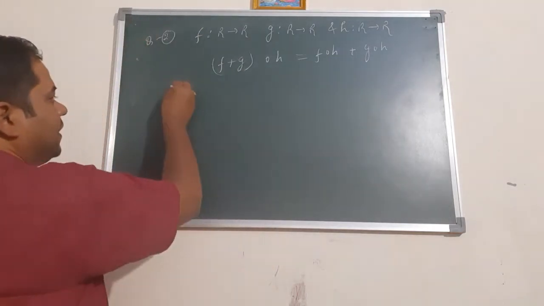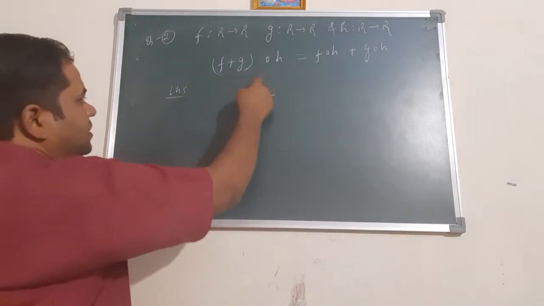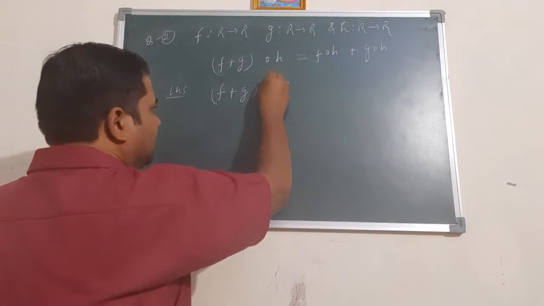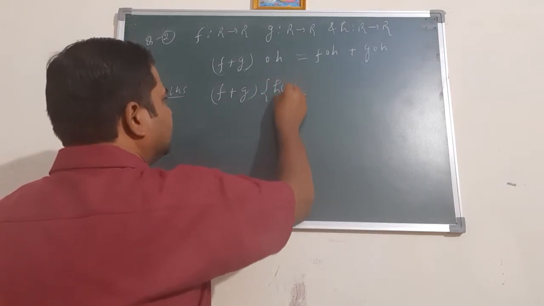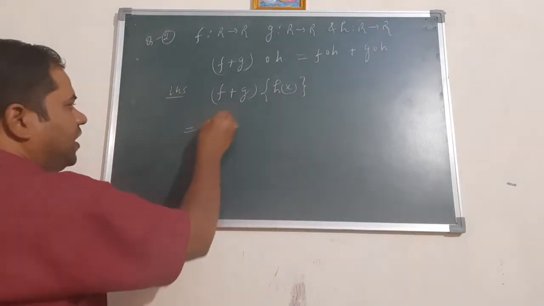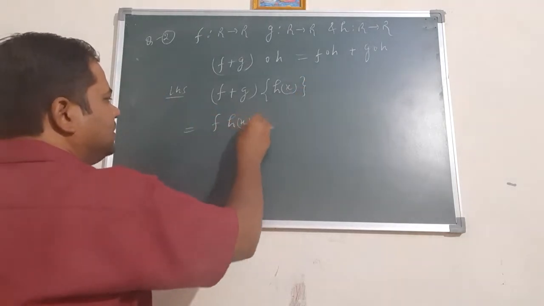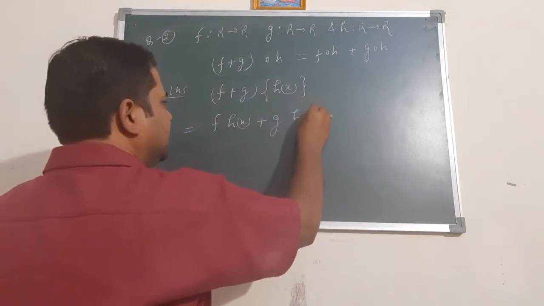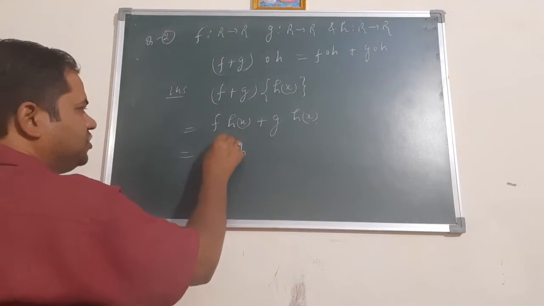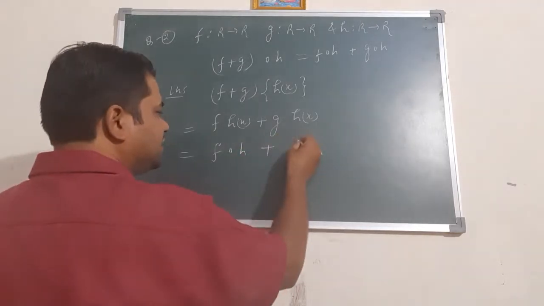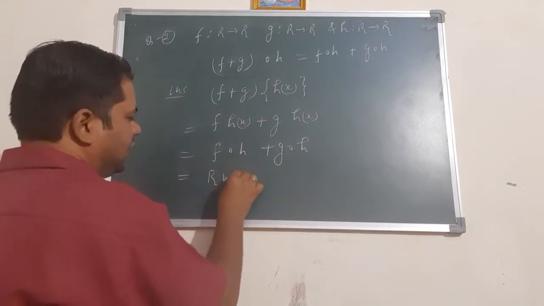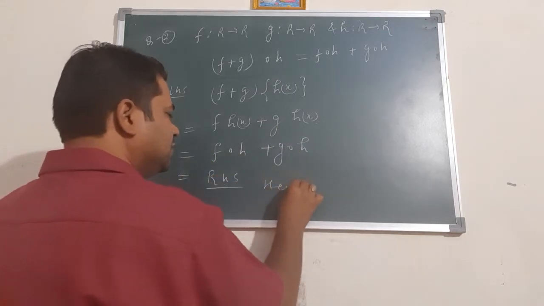See LHS: that is nothing but (f + g) of h(x). Distributing, f of h(x) plus g of h(x), and f of h(x) means h composition f, and g of h(x) means h composition g. So this is your RHS, hence true.